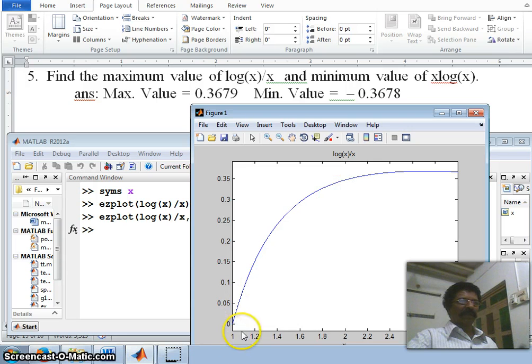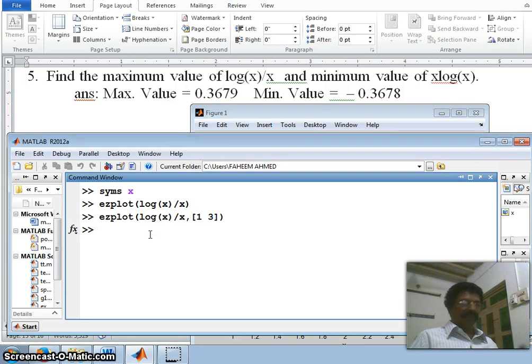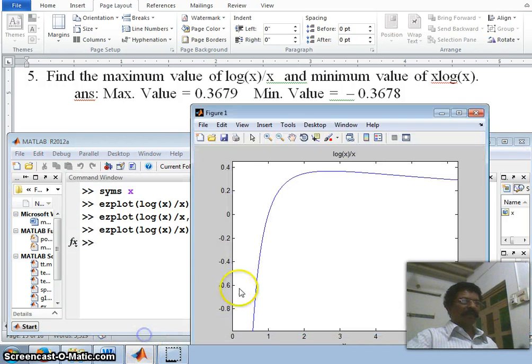The x value is from 1 to 3. Therefore now I can see the maximum value. I can see the maximum value is equal to 0.36. Otherwise we shall take the earlier one itself. And let us come back to this. So here you can see the maximum value. If I use the data cursor, I can find the value.